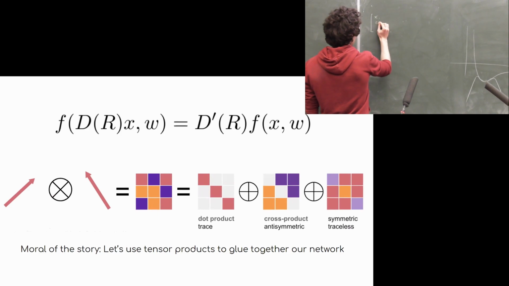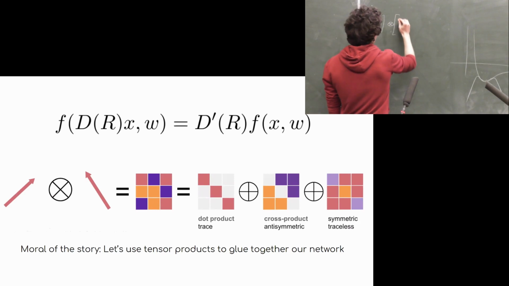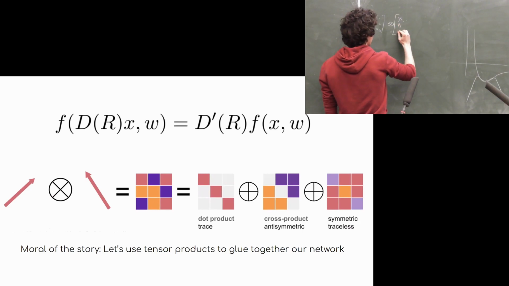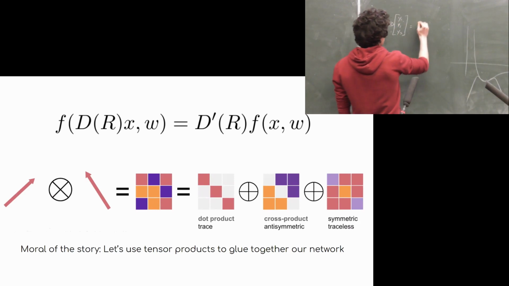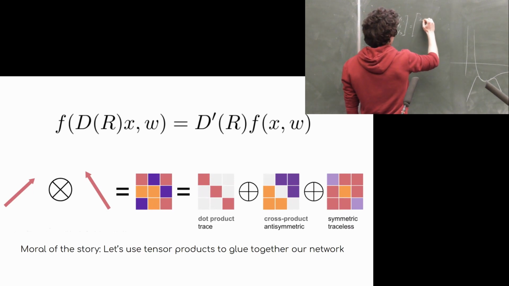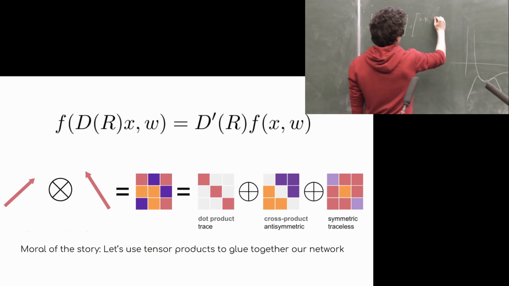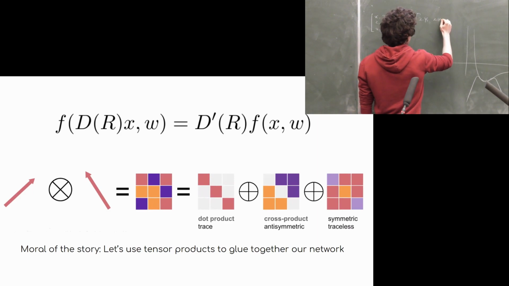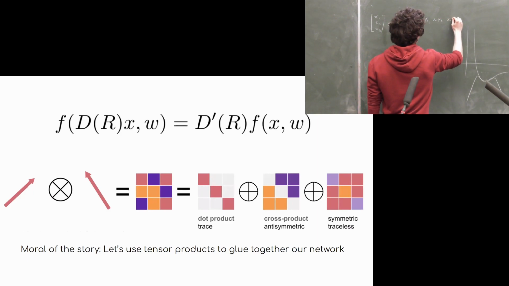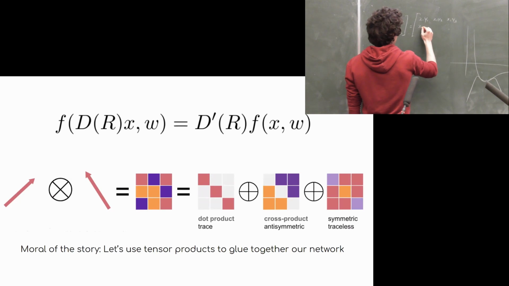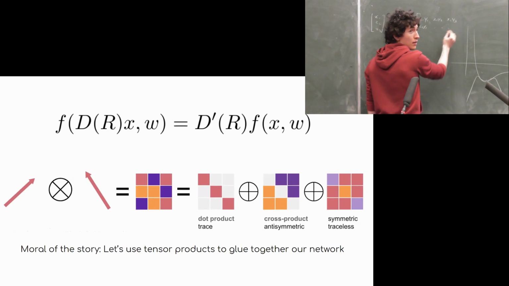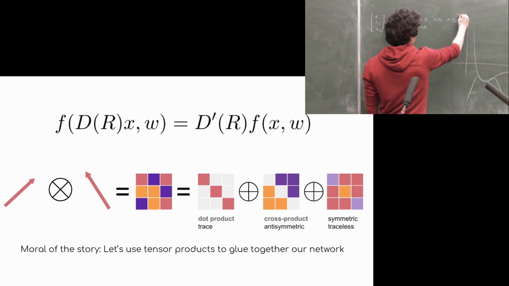If I've got vector 1 and vector 2, the tensor product is just a 3 by 3 matrix that looks a bit like this: x1 y2, x1 y3, x2 y1, and so on. It's basically every pair, and it's a 3 by 3 matrix.